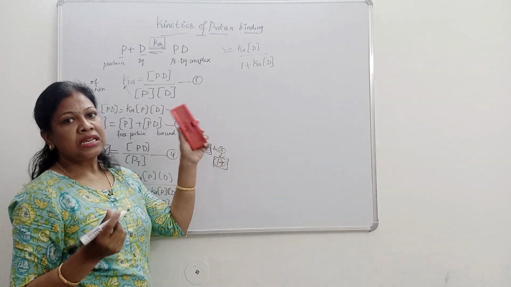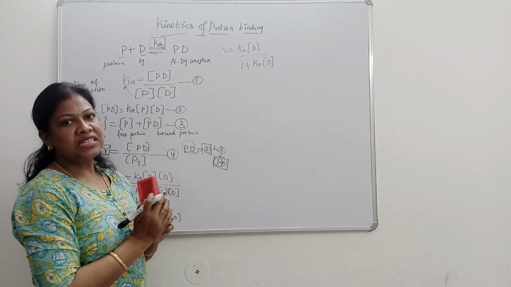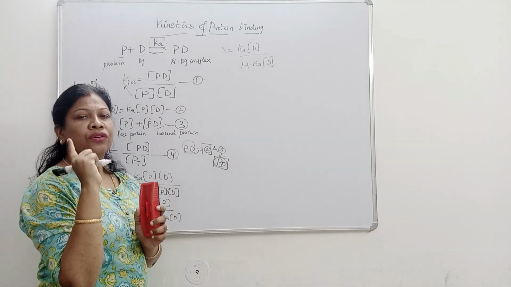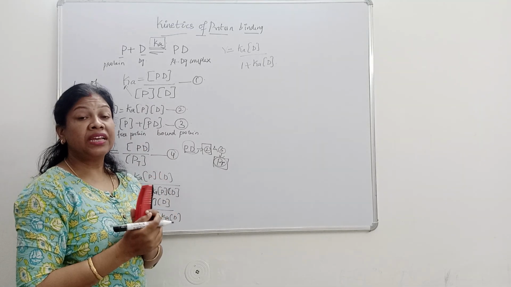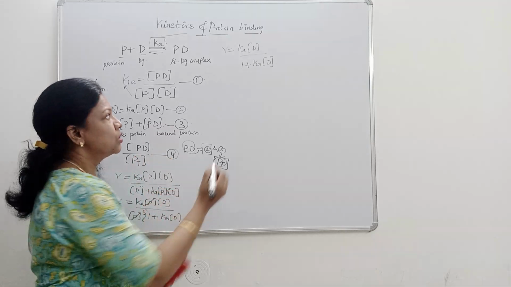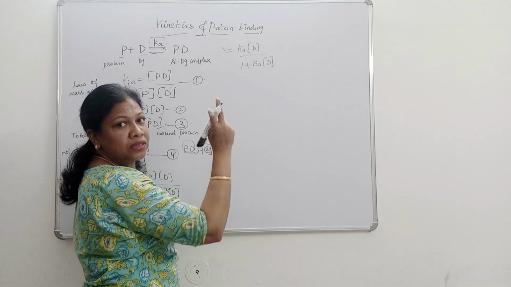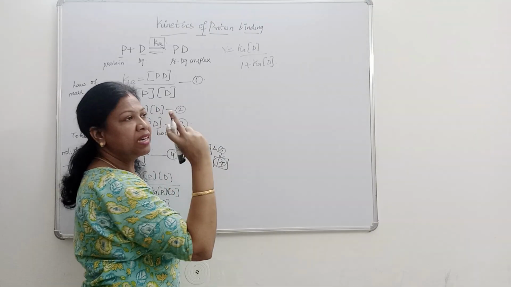Now this is the protein binding kinetic equation which explains one binding site. But we already discussed proteins have a number of binding sites. So this equation holds good only for proteins having one binding site.